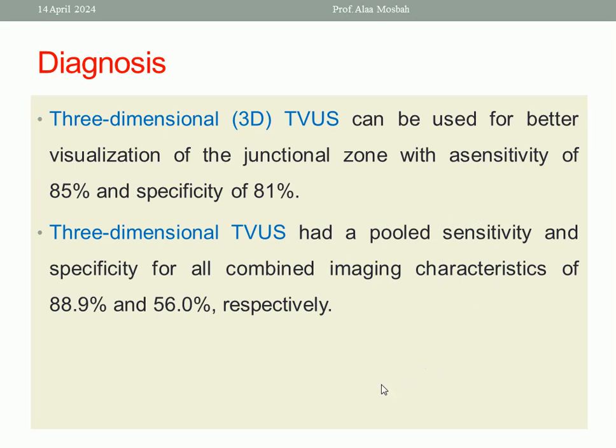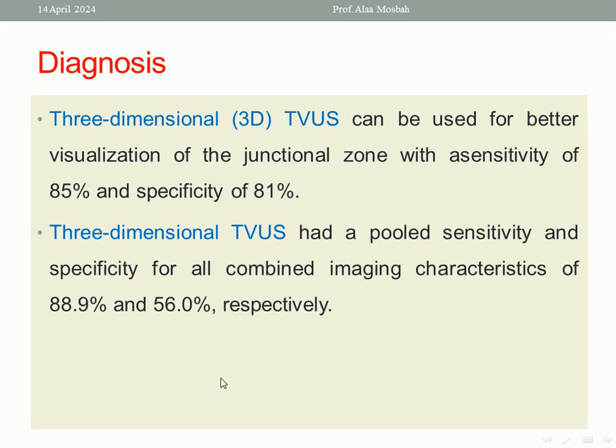But three-dimensional transvaginal ultrasound has a pooled sensitivity and specificity for all combined imaging characteristics of 88.9% and 56% respectively.